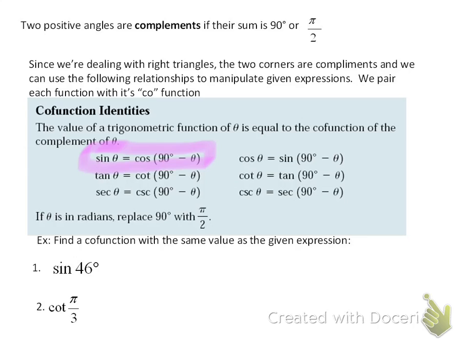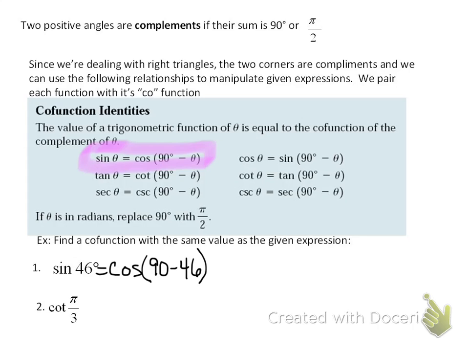So our first example says find the cofunction for the sine of 46. So what is the cofunction of sine? Cosine. Okay. So my cofunction here is going to be the cosine of the complement. So it's going to be the cosine of (90 minus 46). The parentheses that you put around the 90 minus 46 is very important.